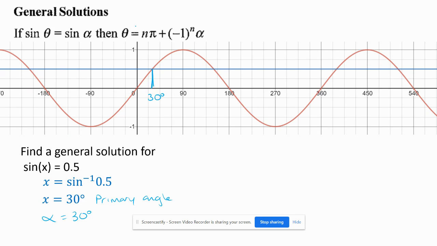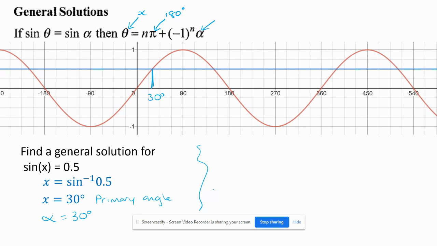Let's do the general solution. Instead of theta here, we're going to use x. And in here, that's our alpha. And we're going to do it for degrees. So instead of using pi, we're going to make that 180 degrees. We're using degrees this time just so we get a feel for it. And later on, you can just use pi radians.